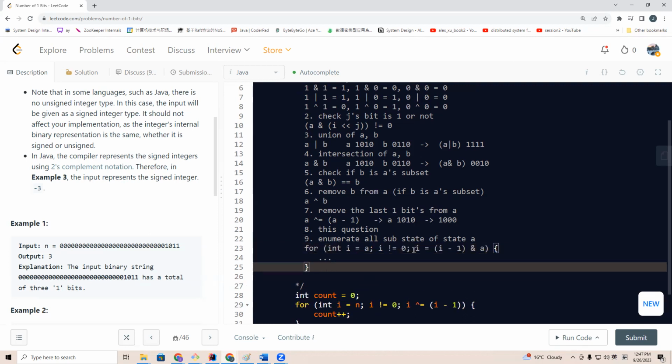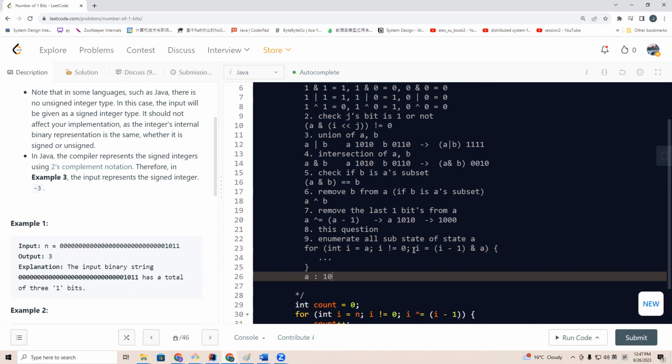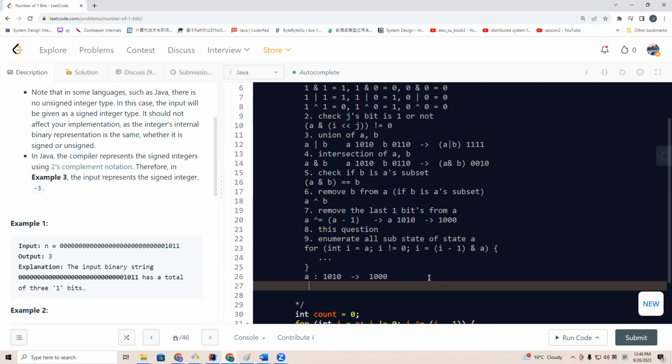What does this one mean? For example, we have A equals 1010. i minus 1 gives 1001, and ANDing it gives the first state, 1000. Subtracting 1 again and ANDing gives the second state, 0010.